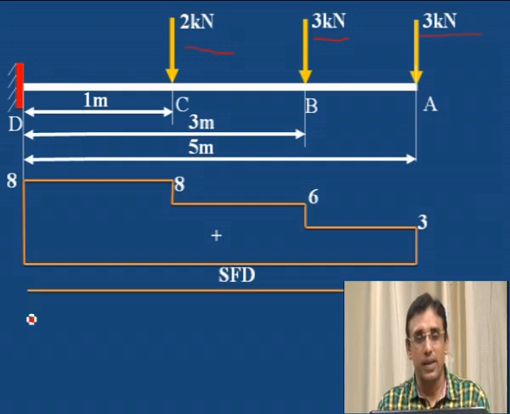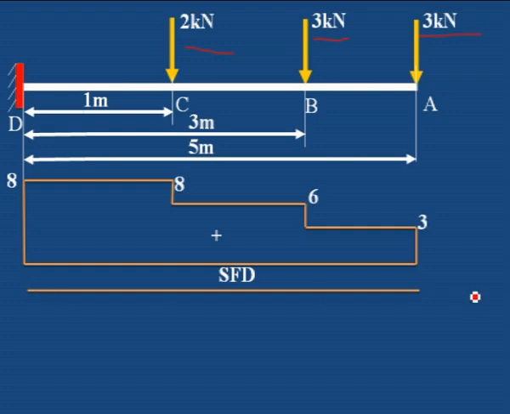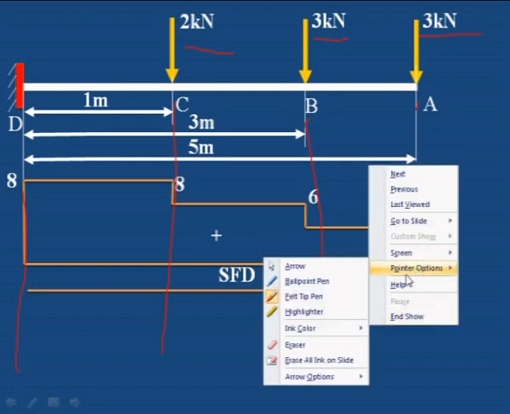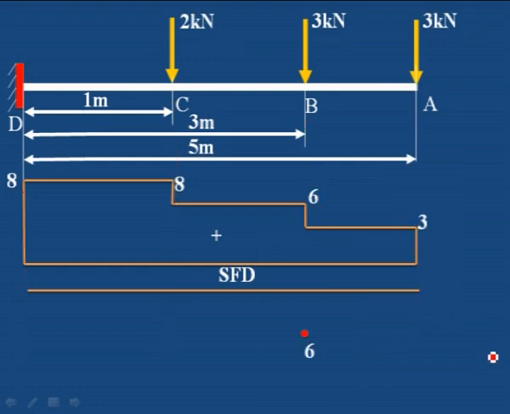Next, to draw the bending moment diagram, first draw the horizontal line and mark the points. At this point and the B point, draw the projection lines and mark the points from C, from B, and here also draw the projection lines and mark the points at B, C and D. 6 kilonewton meter at B, 18 kilonewton meter at C, 26 kilonewton meter at D. Then join the lines.